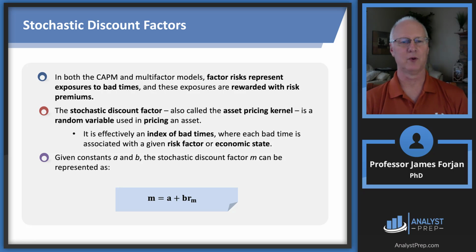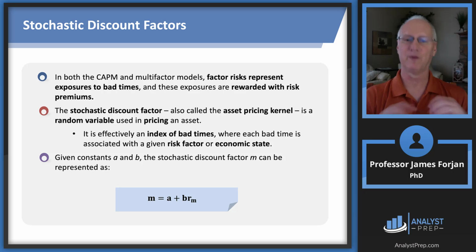So look at that circle point. It is effectively an index of bad times, where each bad time is associated with a given risk factor or economic state. So don't think about this just entirely of what I'm going to do with your money, but what factors are going to influence the performance of the security that I pick. And we'll identify those factors.